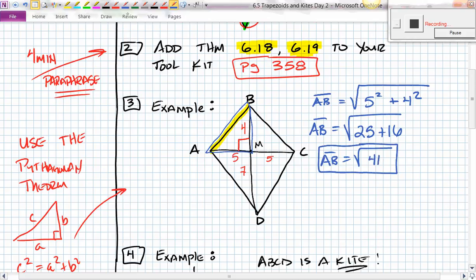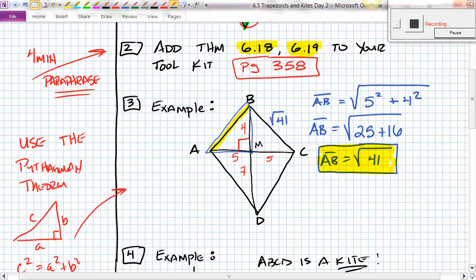All right, let's keep going with this. If I know that AB is the square root of 41, what else do I know automatically? BC is also the square root of 41. And why is that the case? Rocio, why is that the case? What is this figure? No, not a triangle.